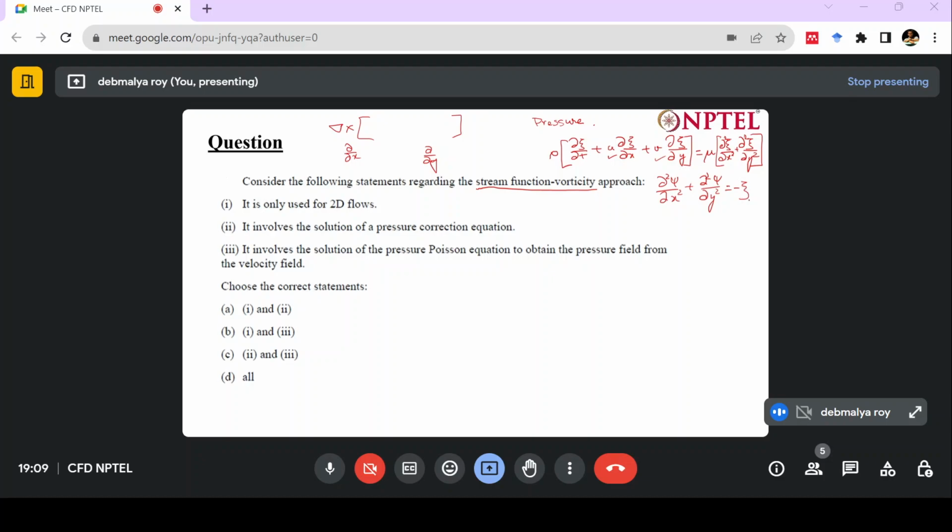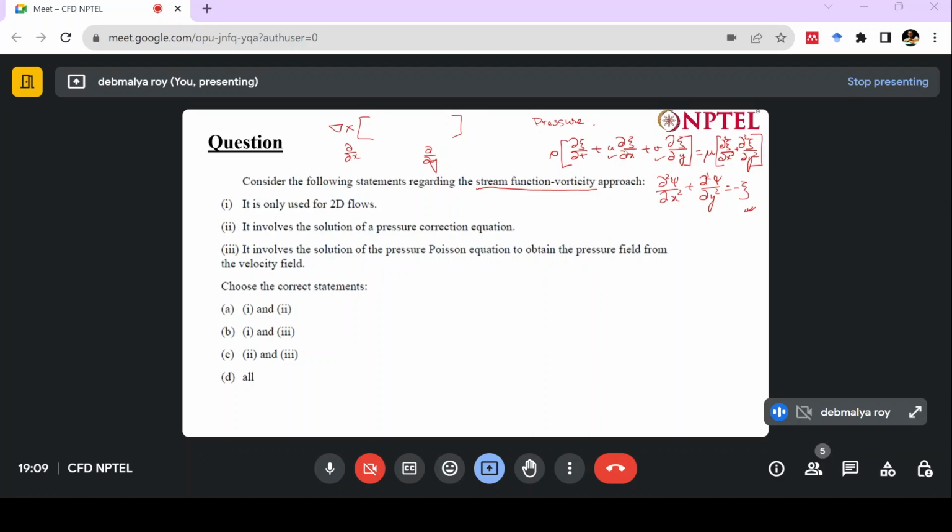This is simply a Poisson equation if we have already found out vorticity, which we do from this transport equation. We solve this Poisson equation, we find out psi, and from psi we again find out velocity, which gives an updated estimate of the velocity, and we do this iterative process till we converge to particular values of the velocity.